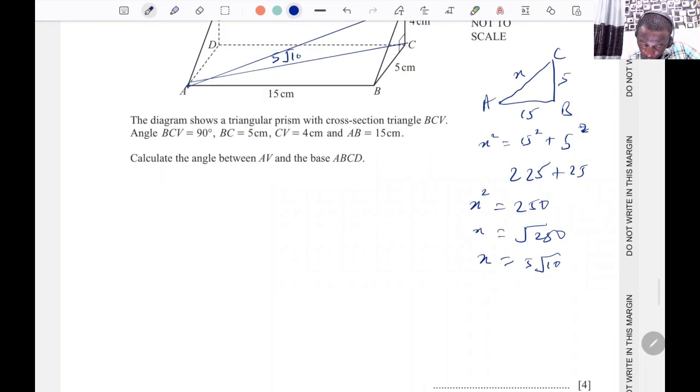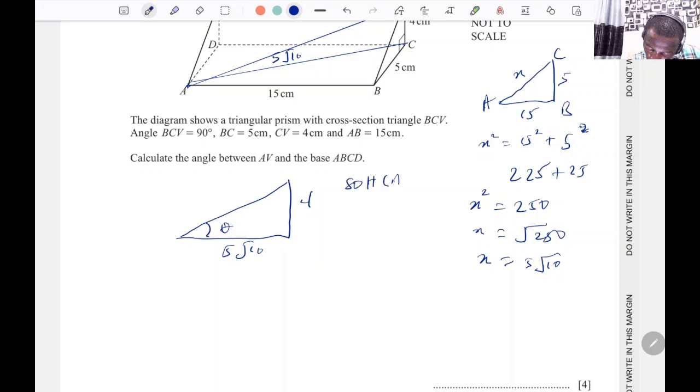Now we are looking for calculating the angle. So let's bring it out. What we have left now: here I have 4, here I have 5 root 10. We are looking for the angle, right? So which of the two are adjacent and opposite? So we have tan.